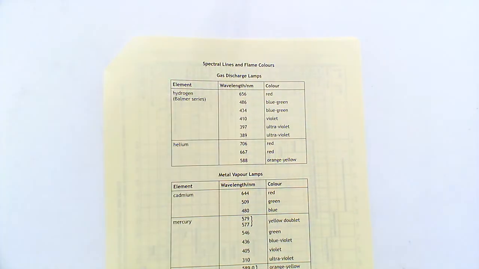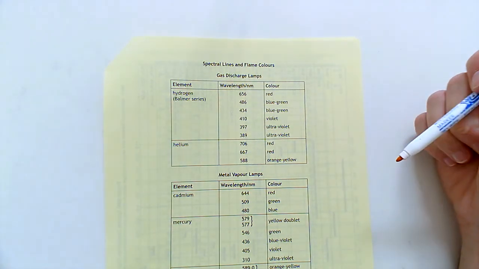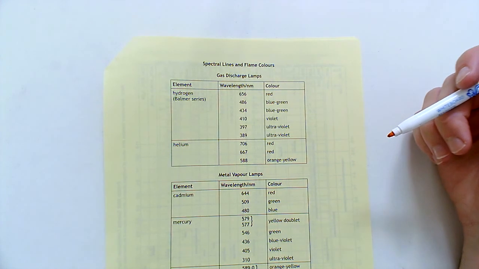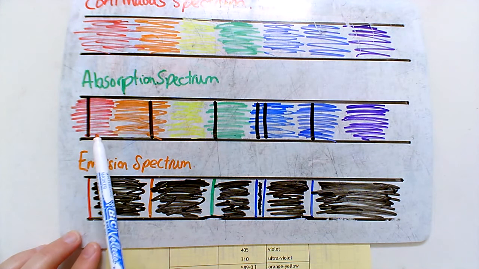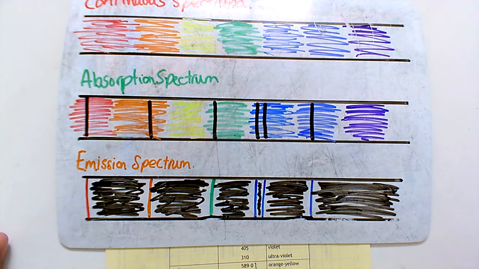Now, what is important about these is that hydrogen and helium are the two elements that make up the sun. So how these lines were first discovered is actually if you take light from the sun and pass it through a spectrum, you get something like this with some lines missing. And that seems really confusing because we think about the sun as being the source of all light.